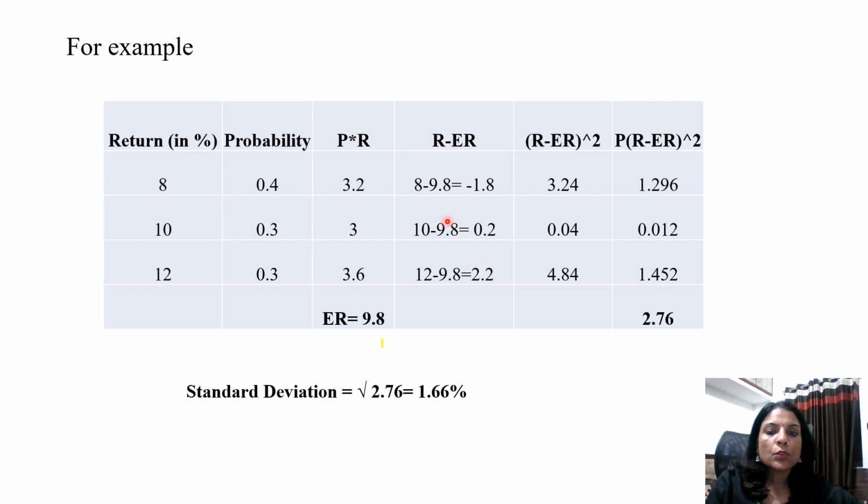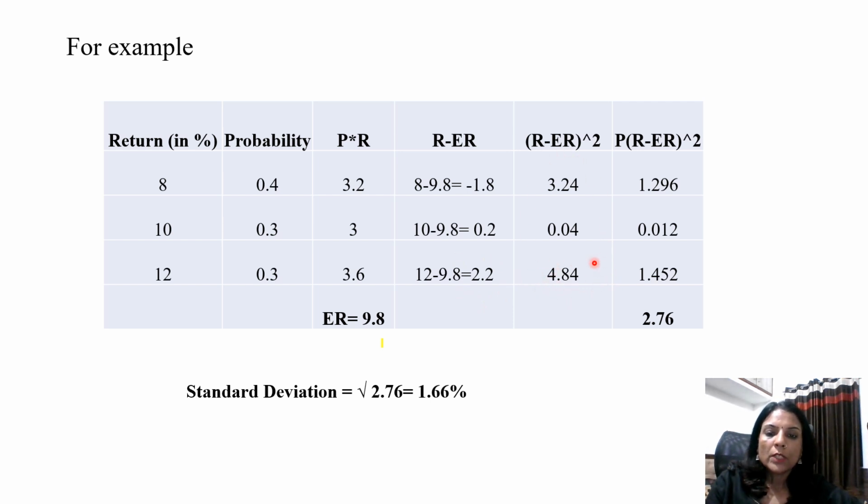Now this value should be squared, or multiplied by the same value. When you square a minus value, it will give you a plus value. So minus 1.8 multiplied by minus 1.8 gives 3.24. 0.2 multiplied by 0.2 gives 0.04. 2.2 multiplied by the same value gives 4.84.